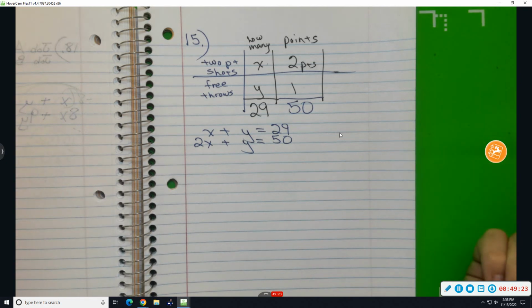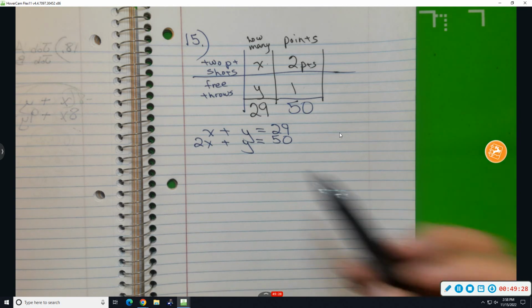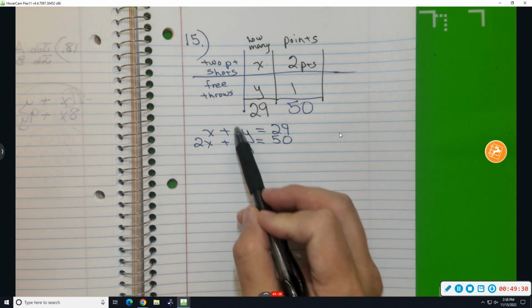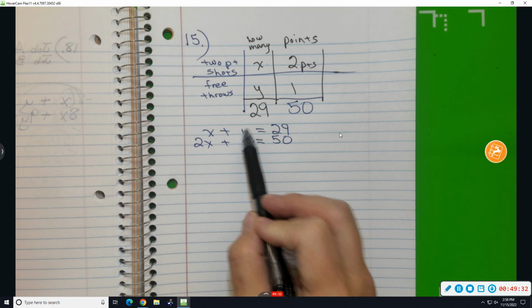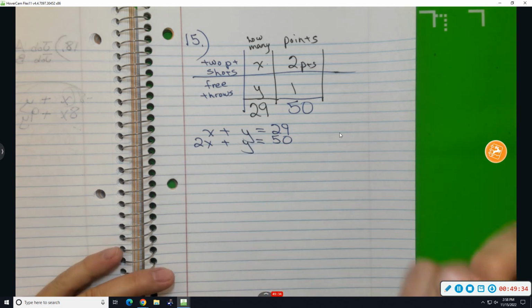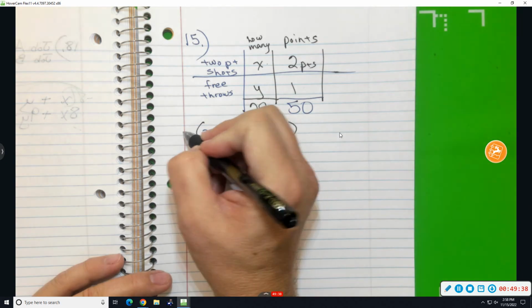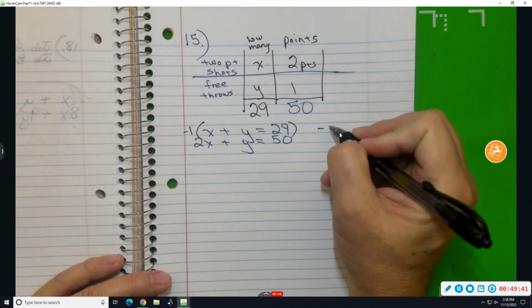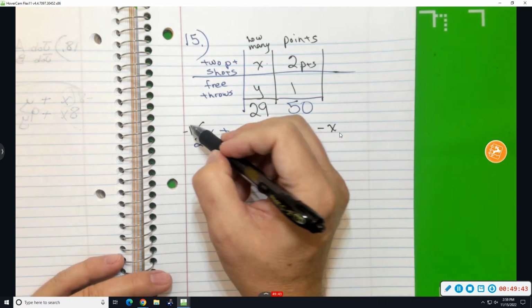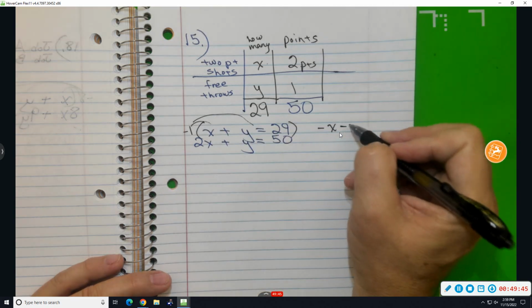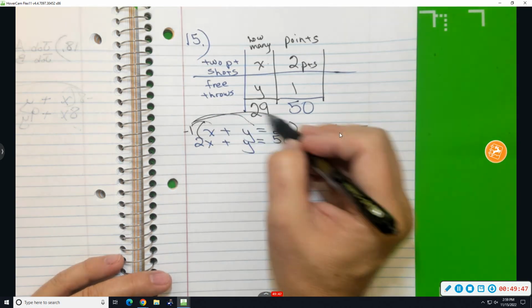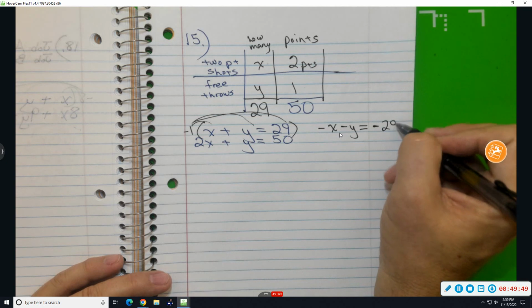And what letter do you think I'm going to eliminate, X or Y? Y, because we already have coefficients of 1 there. I'm just going to make this first one a negative 1y by multiplying through by negative 1. So we have negative 1x minus y equals negative 29.